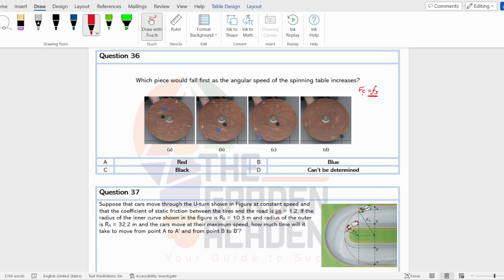So as we keep increasing omega, the centripetal force has to reach a certain value, but we cannot keep up with this value. Basically, the further the part from the center of rotation, the more centripetal force is needed to keep it in its place. So the first one that will skid away is the red particle, and we choose this one.